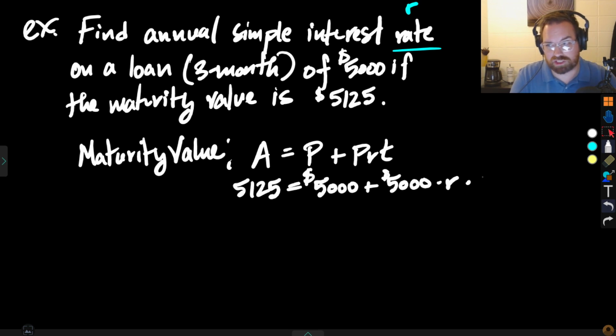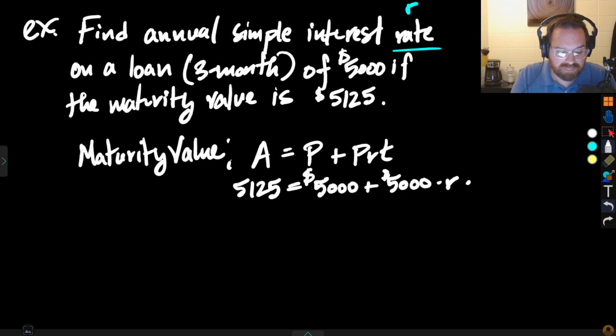Now, this is the question. The time in the notes is always represented in years, but here it's in months. So we need to convert 3 months into something represented by a year.